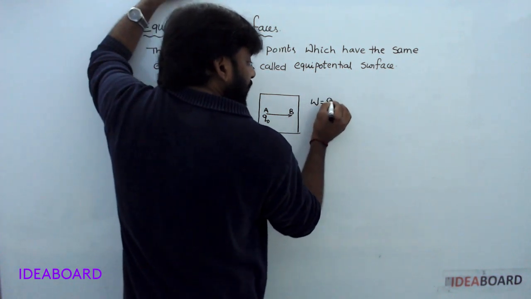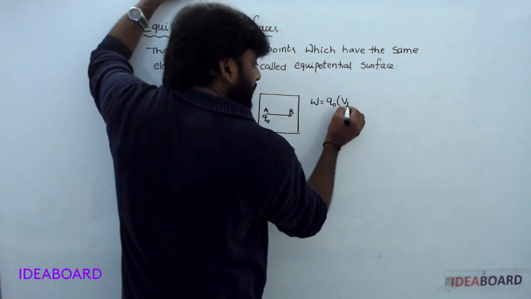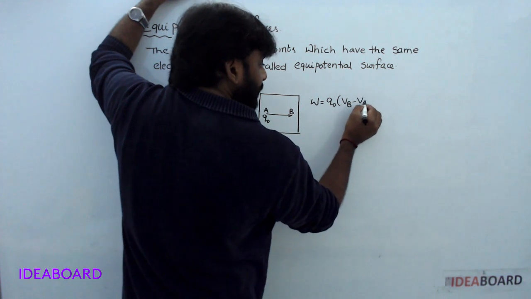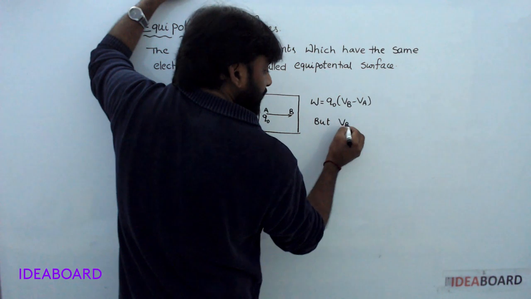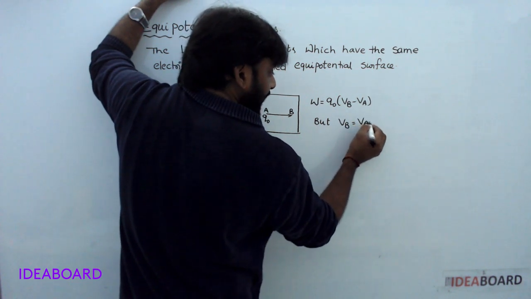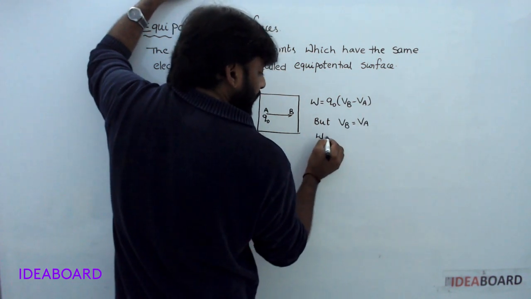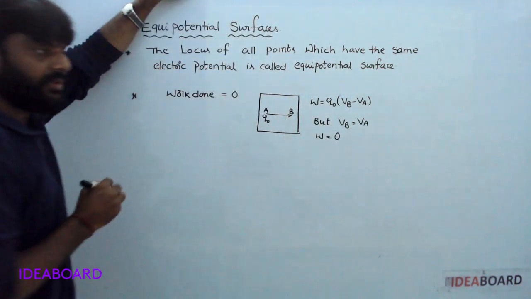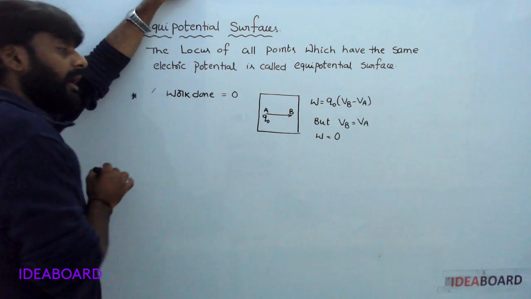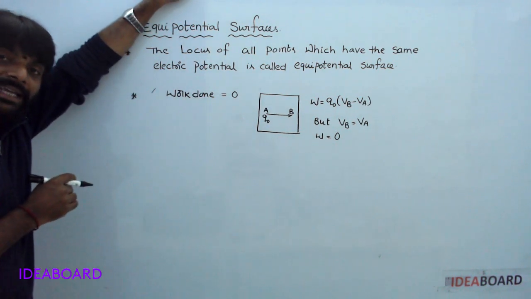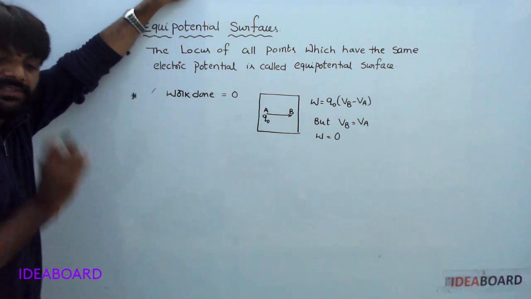Q into the potential difference, VB minus VA. But on an equipotential surface, VB is equal to VA. So work done is 0. Understood?